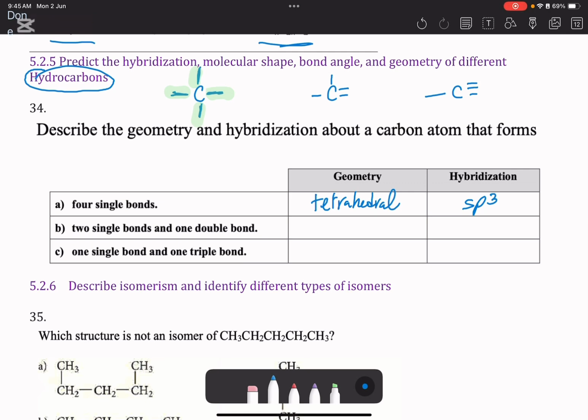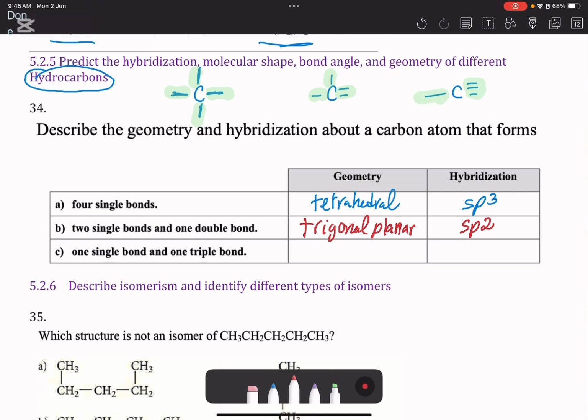For alkene, I have 1 double bond and 2 single. So we are dealing with 3 domains. And in this case, the hybridization is sp2, and the geometry is trigonal planar. You just have to locate the carbon you are asked about and count how many domains are around that carbon.